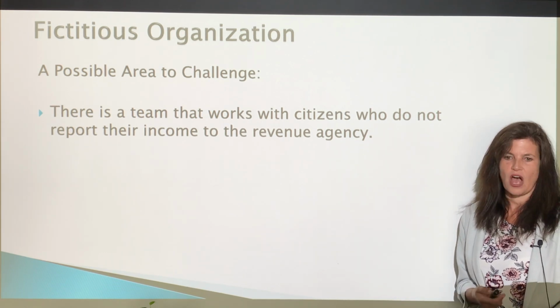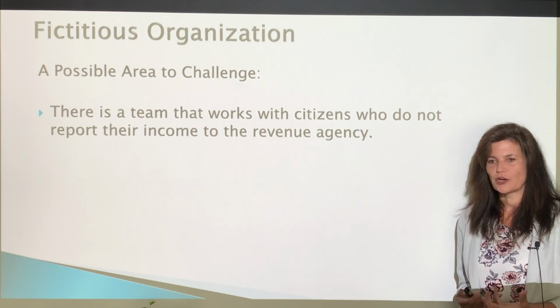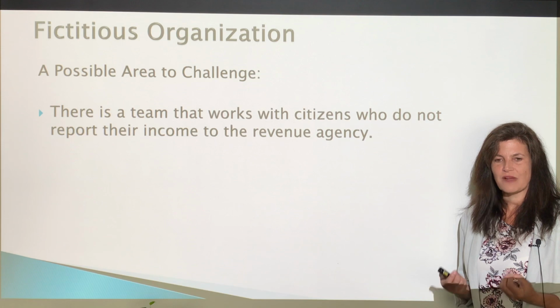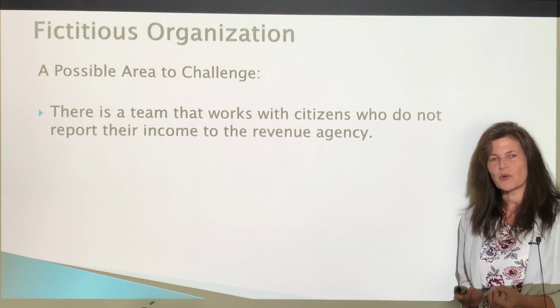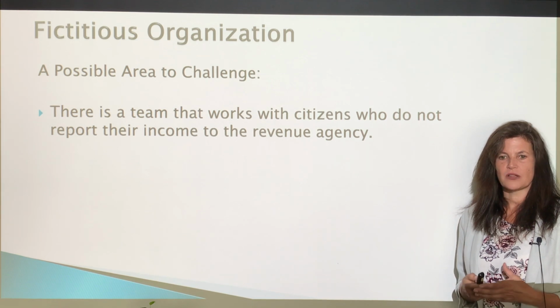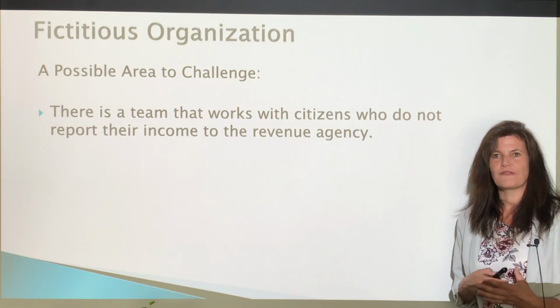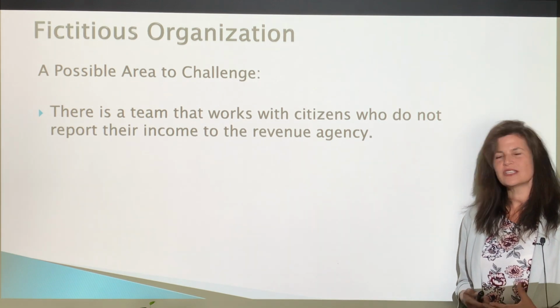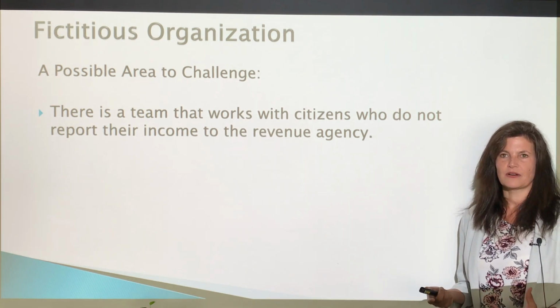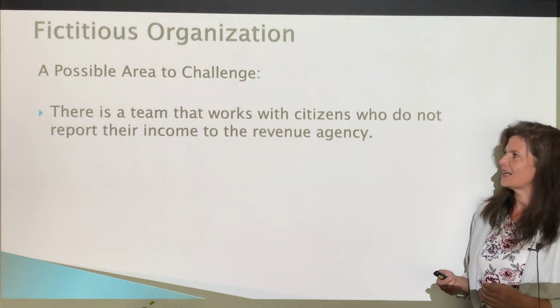So my first thought is our business isn't to determine income. That is the revenue agency's job. So why are we doing it? Well, the history behind it is when we were a smaller organization, it was very easy for us to follow through every application. And it just morphed into something bigger over the years. So let's look at what I mean when I say let's challenge it.